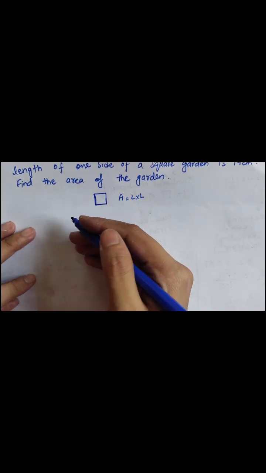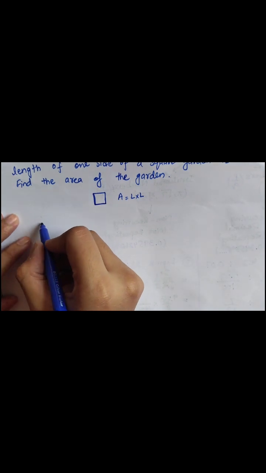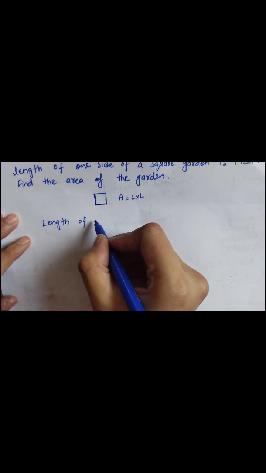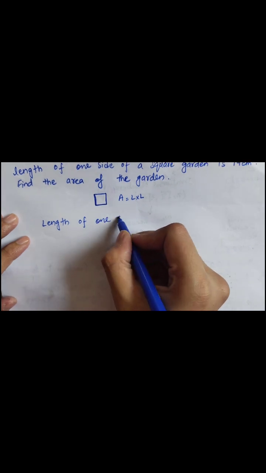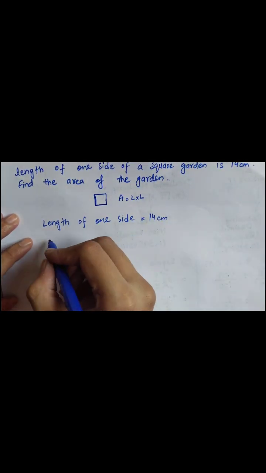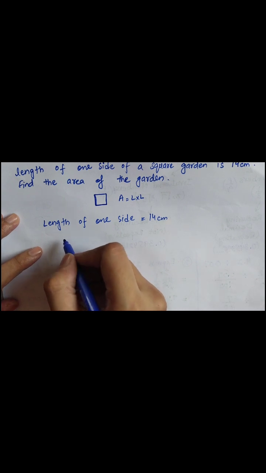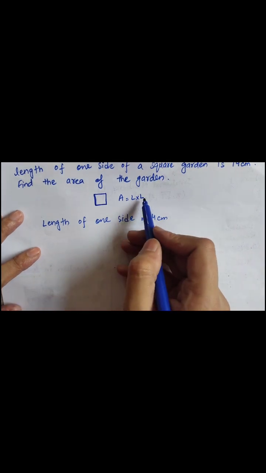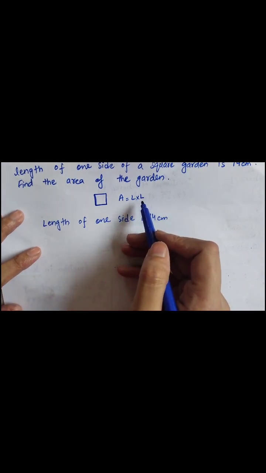So what we will do, you will write length of one side is equal to 14 centimeter. For the area of the garden, you have to multiply this length with this length. It means simply you have to take the square of the length.